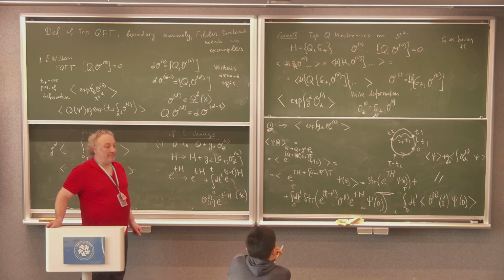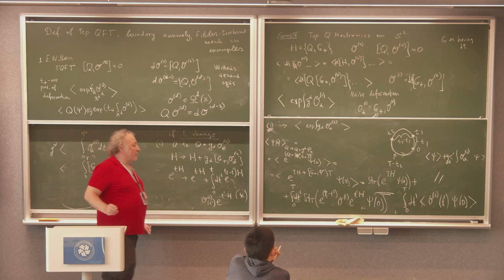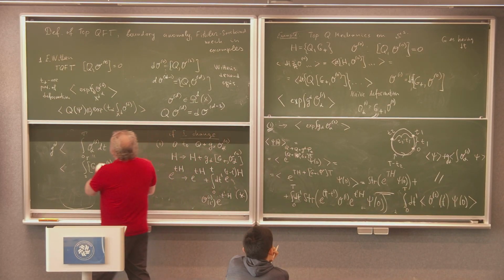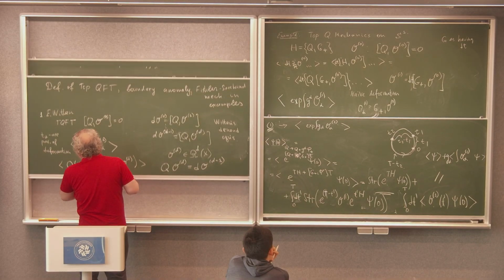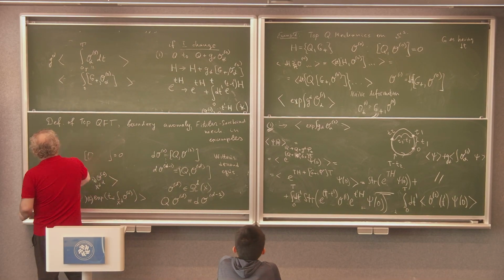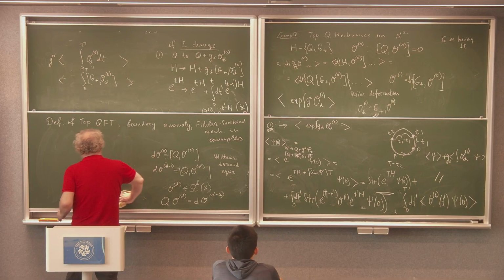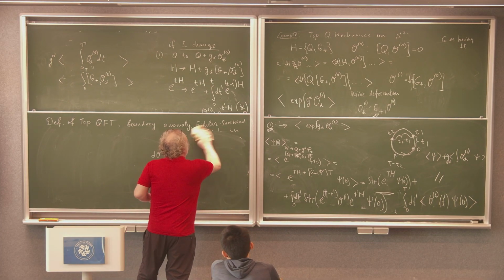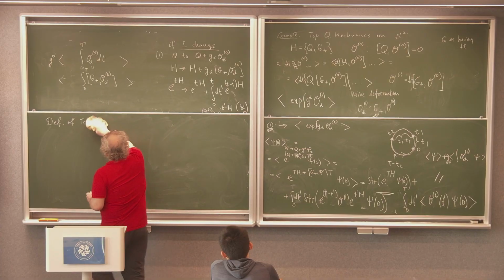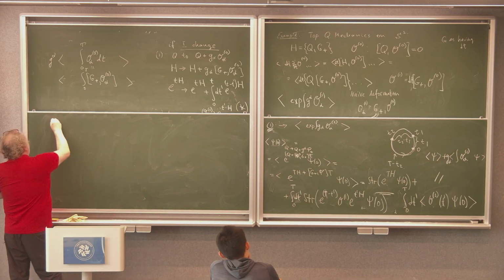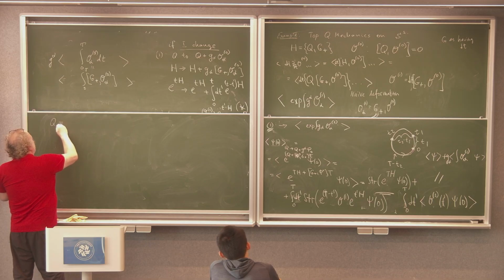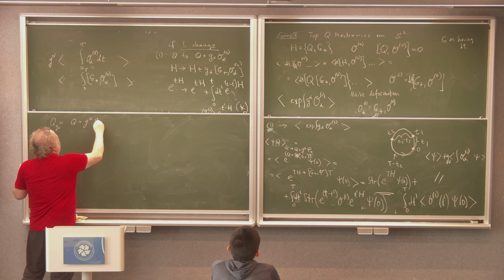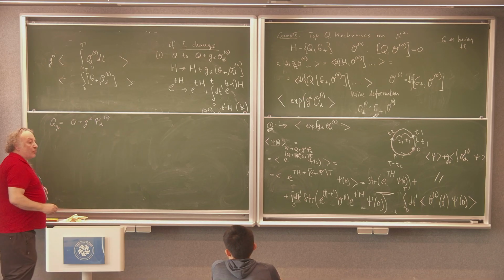interesting phenomena. The interesting phenomenon is that Q plus G alpha phi alpha naught may not square to 0.